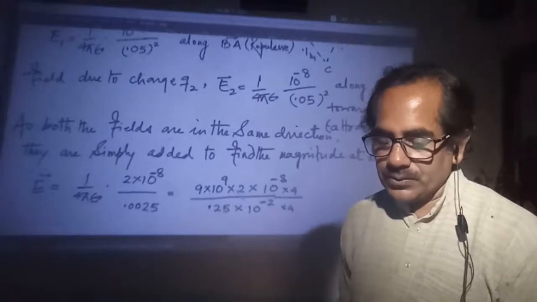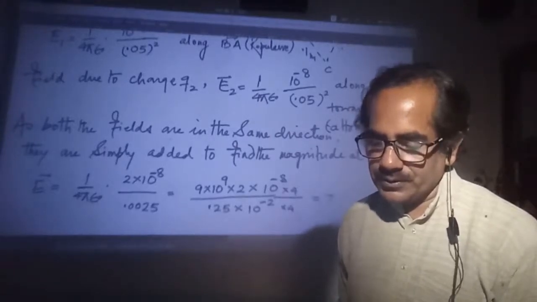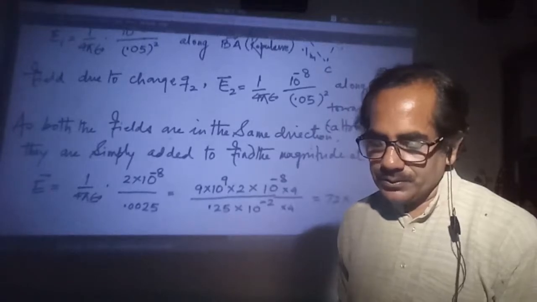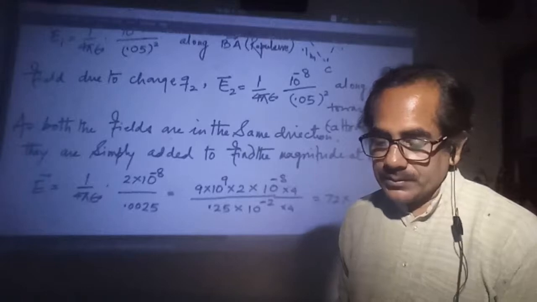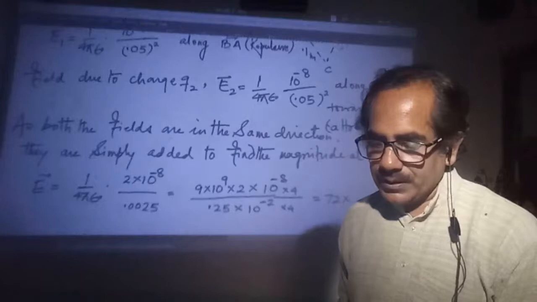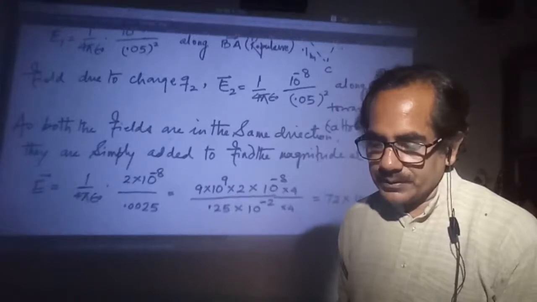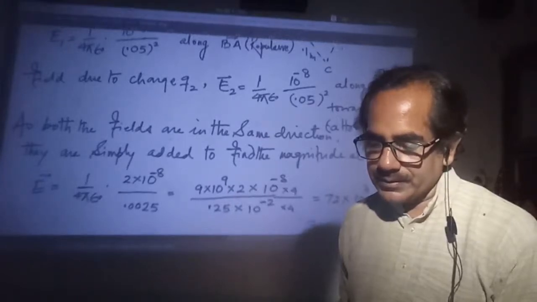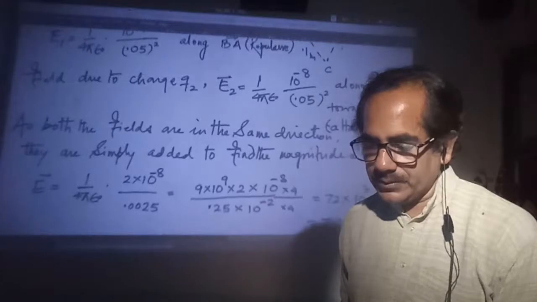So 9 2's 18 and 4 72 equal to 72 into, this is 9 minus 8, 1, and this 2 will be here, so it is 10 to the power 3, and finally it is 7.2 into 10 to the power 4 Newton per Coulomb.